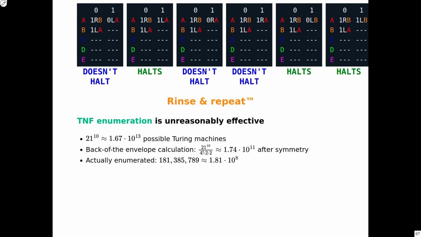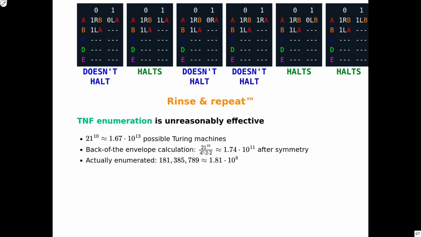The thing to note here is that the TNF enumeration is unreasonably effective, because if you divide out by all the symmetries, where you can swap left and right and you can permute the names of the states, back of the envelope it should get you to around 10 to the 11th.